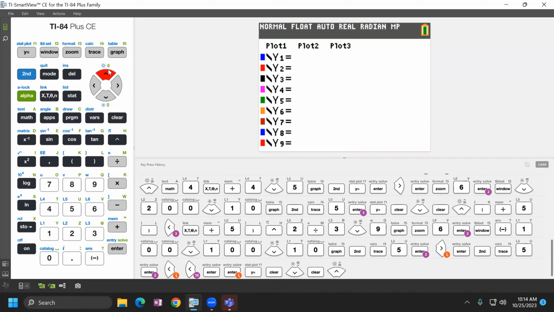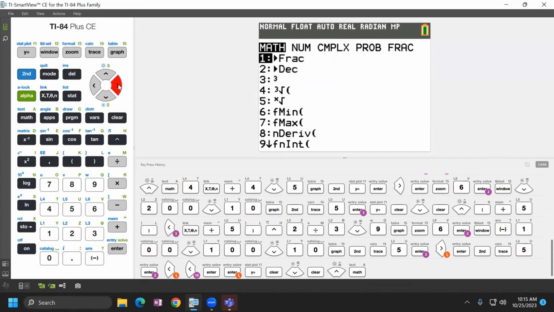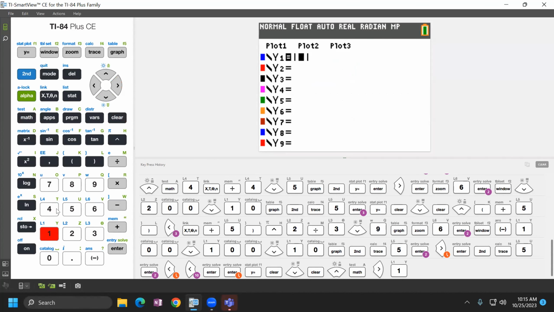The first part, I'm going to graph the left-hand side of that absolute value inequality. So I have absolute value of 3x minus 9. To find absolute value, I go math, number, and number 1 is absolute value. And then the right-hand side was 12.